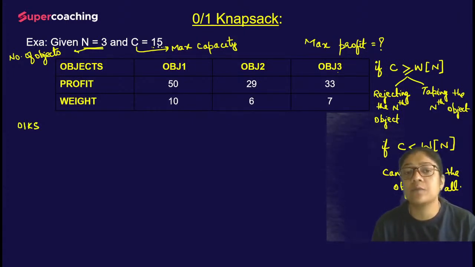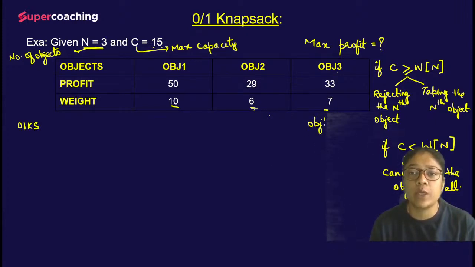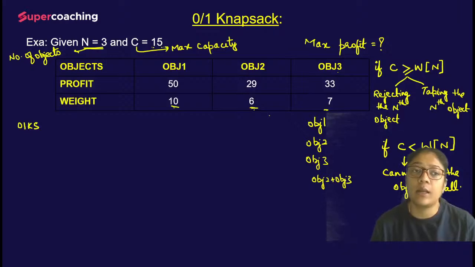Maximum capacity is 15, so 10 plus 6 is not possible, 6 plus 7 is possible, and with 10 you cannot take either of the other objects. The possible solutions are: either you take only object 1, or only object 2, only object 3, or objects 2 and 3 together; there is no other possibility. We found these manually; the problem was small so we can observe it.